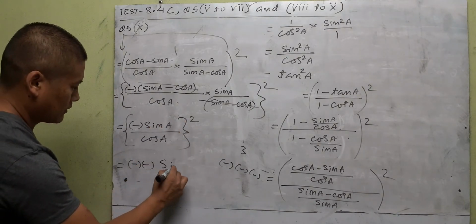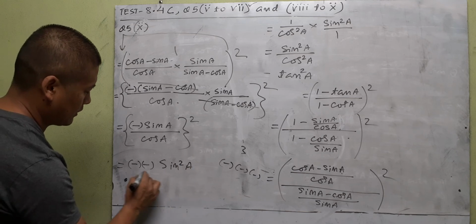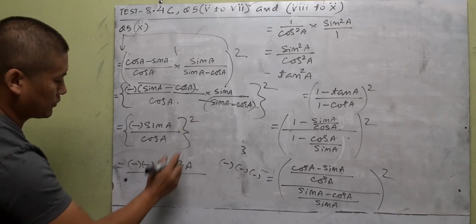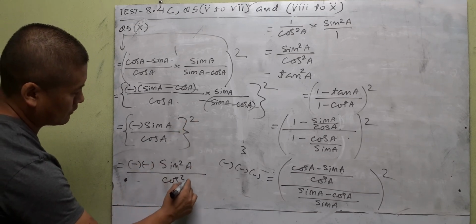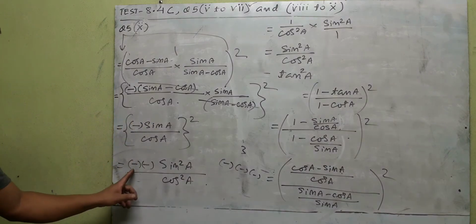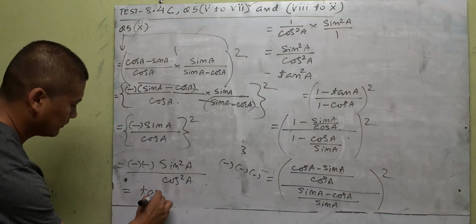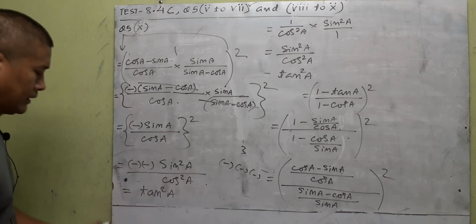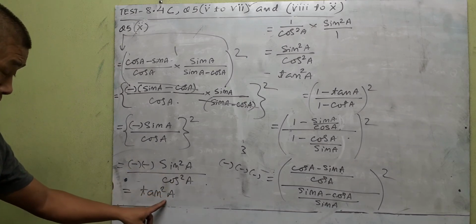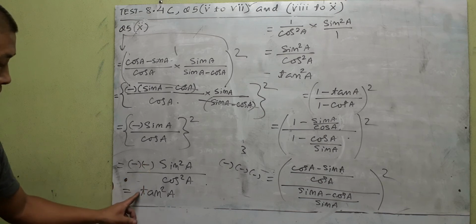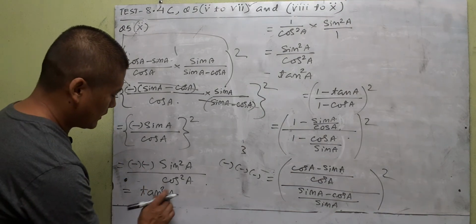Then sine square A by cos square A. Minus into minus is plus. Sine A by cos A is tan A, so sine square A by cos square A is tan square A. Minus into minus is plus, so it disappeared. So this is the second part.